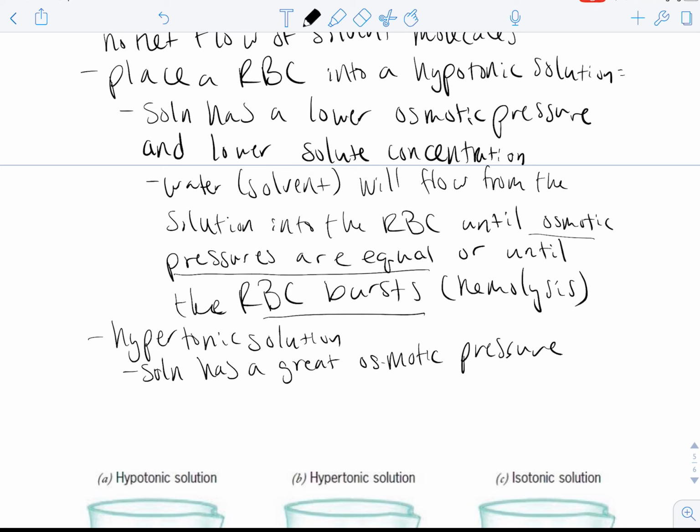So the red blood cell will have a lower solute concentration, so the solvent is going to flow from the red blood cell into the solution. And this will occur until the concentrations level out, right? And it could, in fact, keep on occurring if they don't level out until they shrivel up.